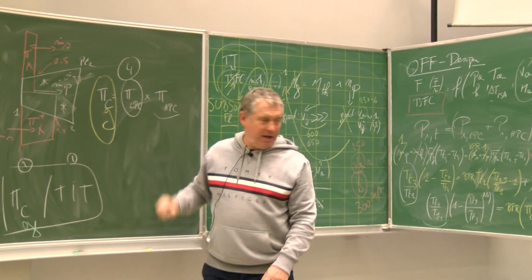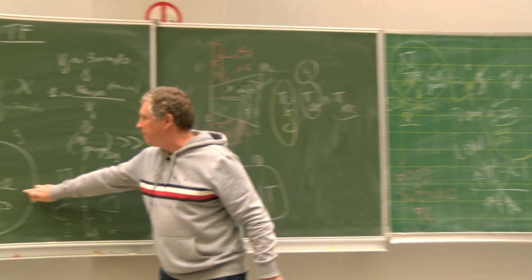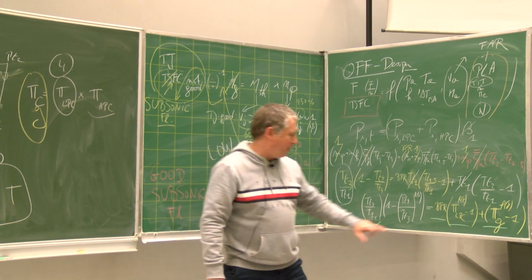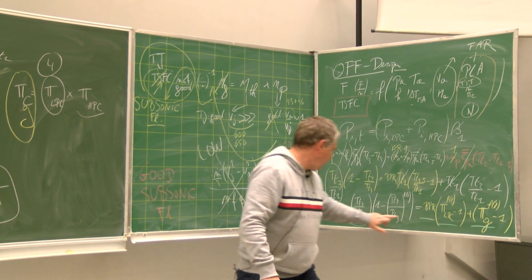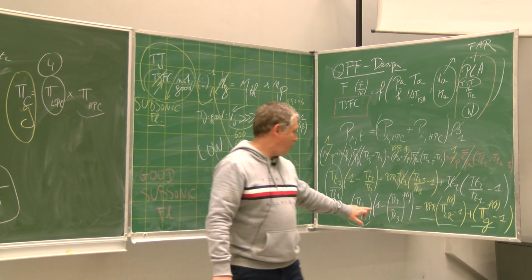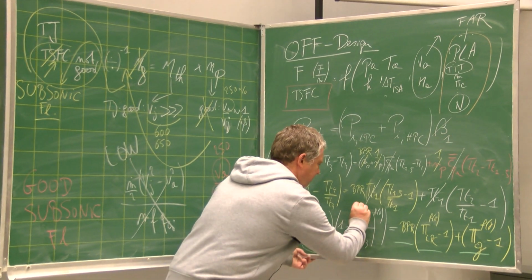Where is PLPC? It's here. And where is my fourth parameter? It's here. So I have 1, 2, 3, 4 design parameters. The rest is what? 1, 1, 1, and I have this.